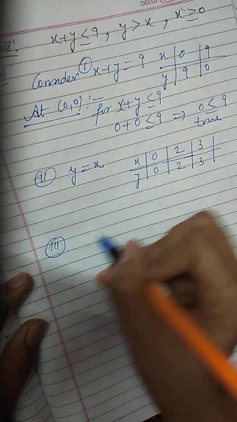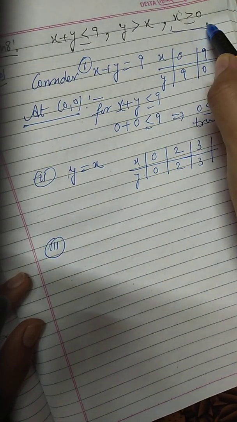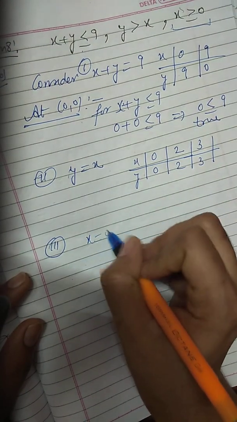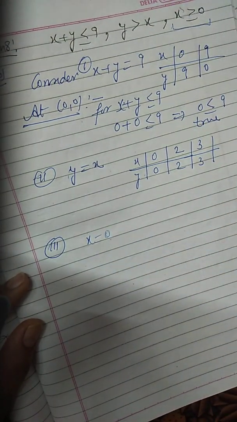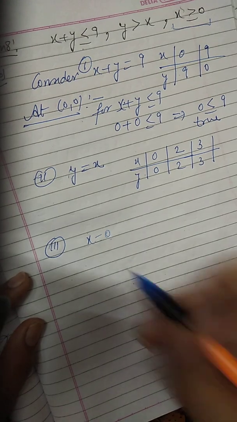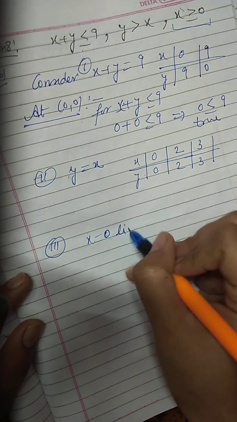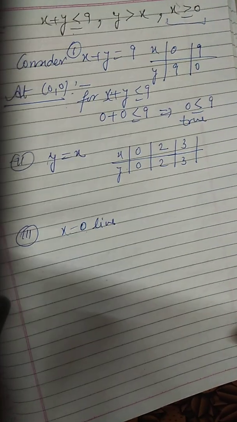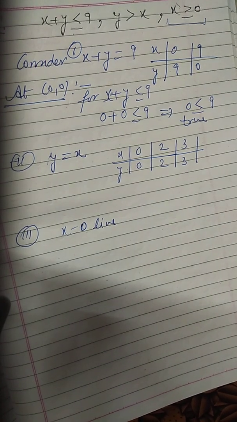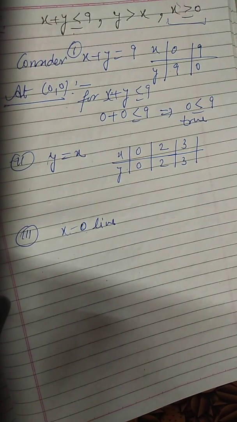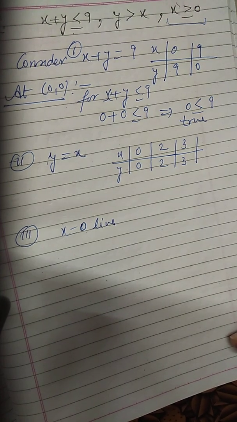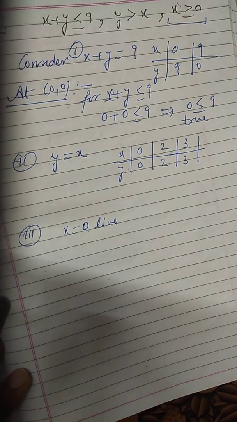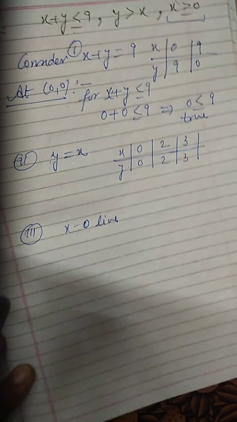And the third is x greater than or equal to 0, that means the x equals 0 line. And x greater than or equal to 0 means the area which will have all the values of x greater than or equal to 0. So what will it be, that also I will show you.